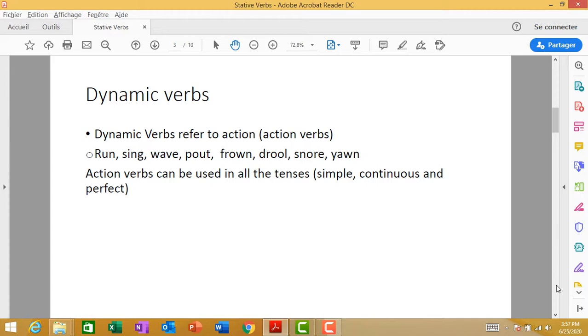We can use these verbs in the continuous tenses. I can say, I was yawning because I was feeling sleepy. You can use the continuous tense with all of these, like wave or sing, but this is what you can't do with stative verbs.